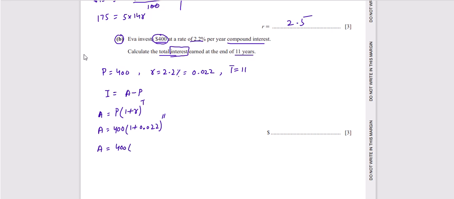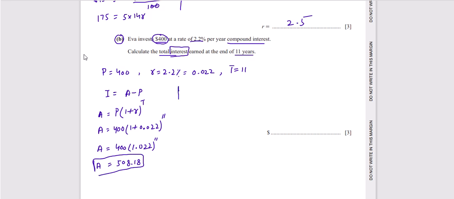So A is equal to 400. Adding these values, we get 1.022 overall power 11. So take the power 11 of 1.022 and multiply with 400, we get 508.18. This is the amount.